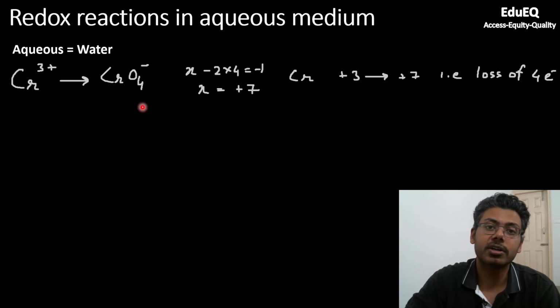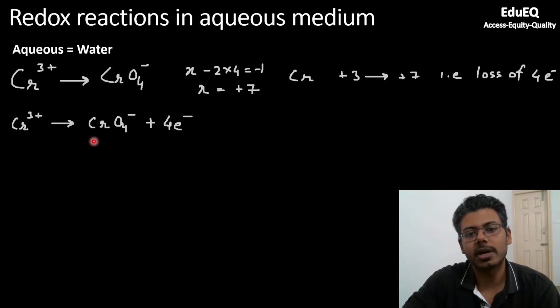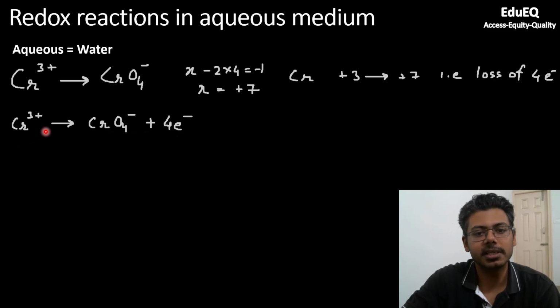Loss of electrons is what? That is oxidation. So your next step is to write the equation like this. Chromium plus 3 gives chromium, the same species as written here, and 4 electrons, because chromium here is losing 4 electrons to go from oxidation state plus 3 to plus 7.